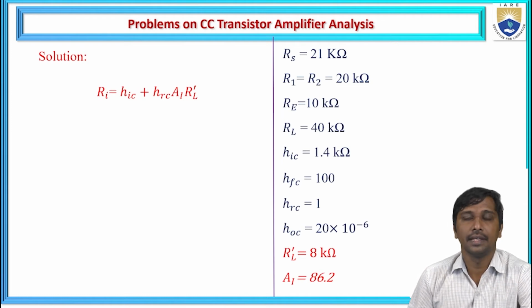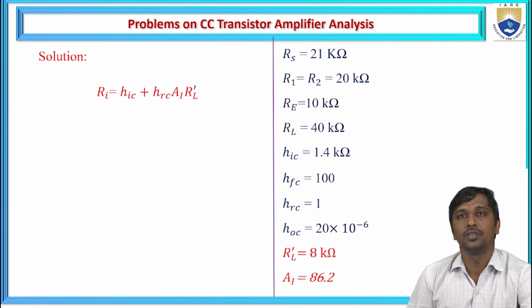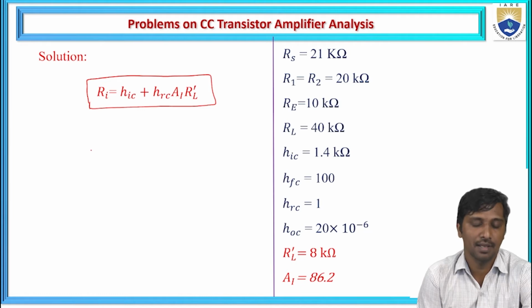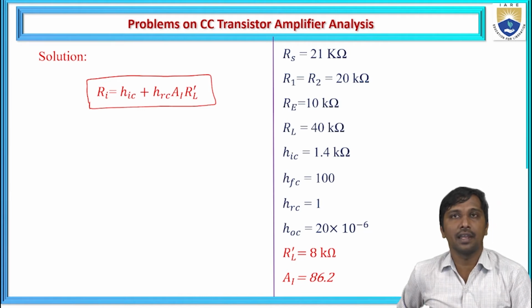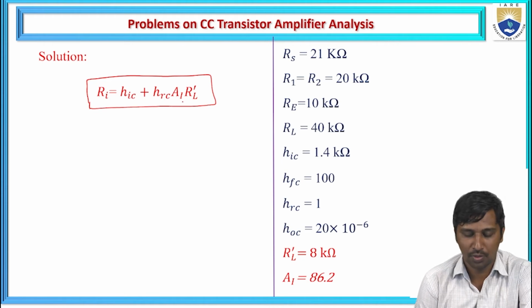Now we need to calculate the input impedance. The input impedance based on the small signal model analysis for this common collector transistor amplifier is represented as Ri is equal to HIC plus HRC into AI into R'L.